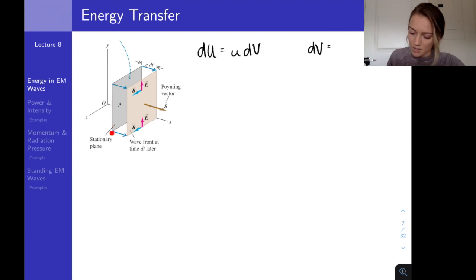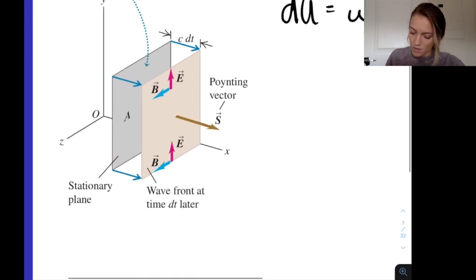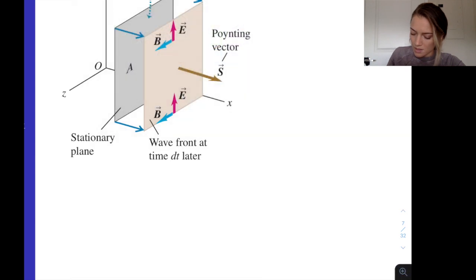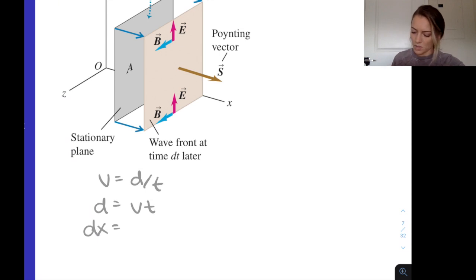So this wave moved from this location to this location, and we know that velocity is equal to distance over time, and we're looking for the length x here. So distance is equal to velocity times time. Let's call this dx since it's a very small unit. We know that the velocity is c since it's an electromagnetic wave, and we have some little time interval dt.